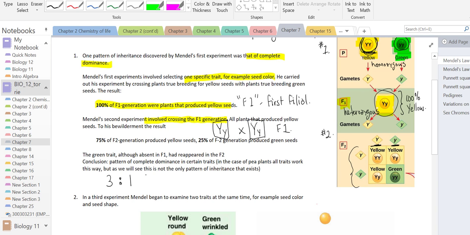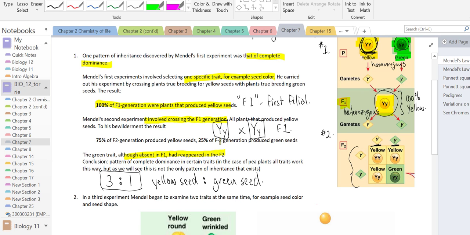Or a 3-to-1 ratio of yellow seeded plants, yellow seed to green seed. And suddenly he sees this green trait in seed color reappear in a very specific ratio of 3-to-1. All right. So the green trait, although absent in F1, had reappeared in F2.